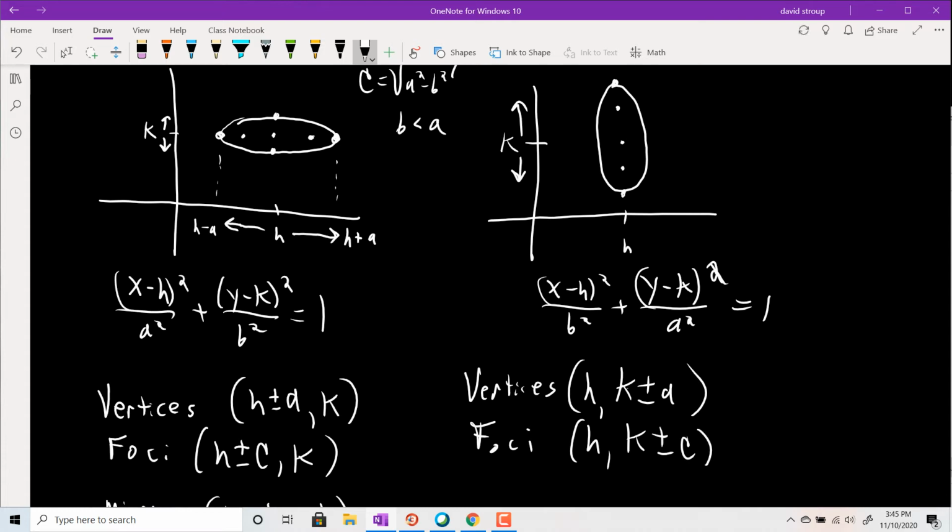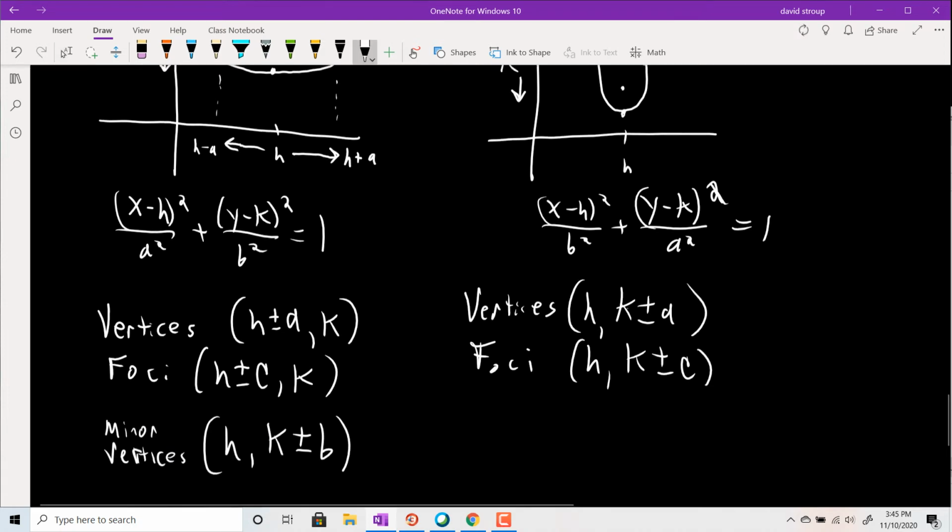And then for the other vertices on the minor axis, the minor vertices, I guess I'm calling them, you'll manipulate the x coordinate, right? Because you're moving left and right by not a, but b. Okay? So it'll be h plus or minus b comma k.